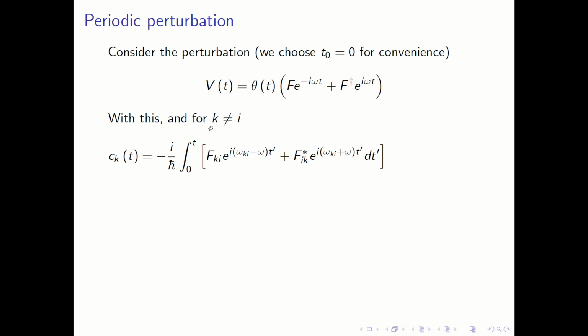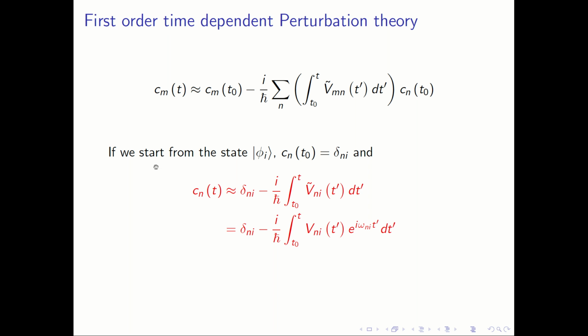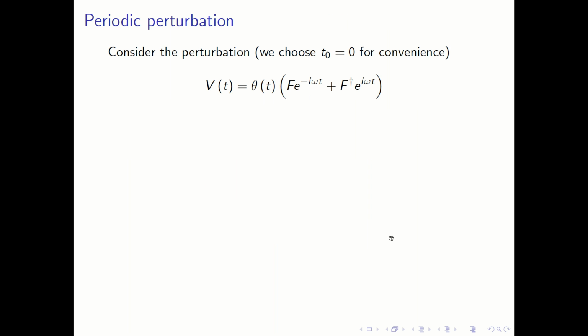So for k not equal to i, the delta_ki term is 0, and just to remind you, this was the integral we were supposed to do. So delta_ki, because we are talking of C_k, is 0. Then you have minus i by h cross, the kith element of V(t') e to the i omega_ki t' dt'. That's the integral we need to do.